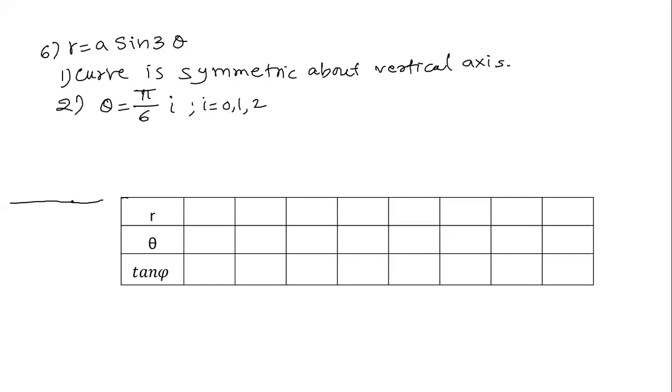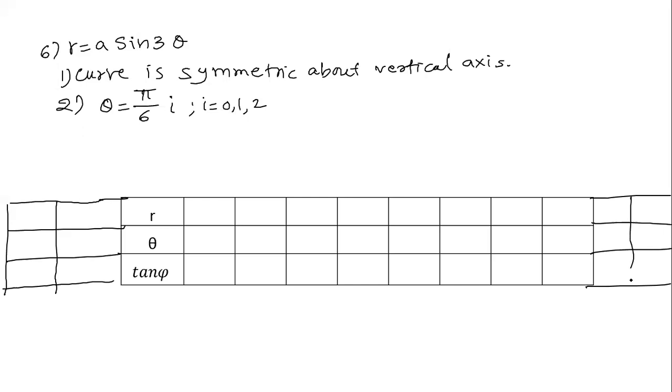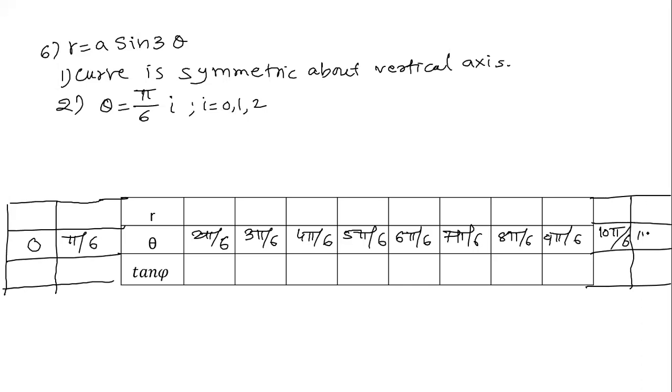As we have done in the previous case, again here we are going to have 12 different values of theta quickly: theta 0, pi by 6, 2 pi by 6, 3 pi by 6, 4 pi by 6, 5 pi by 6, 6 pi by 6, 7 pi by 6, 8 pi by 6, 9 pi by 6, 10 pi by 6, 11 pi by 6. And corresponding values of r.